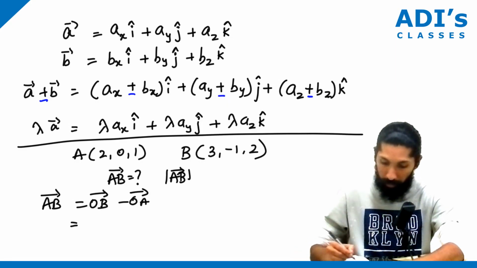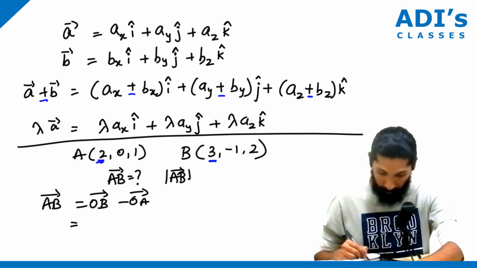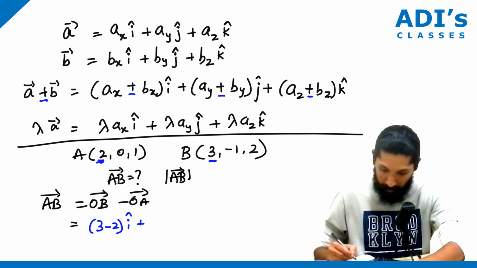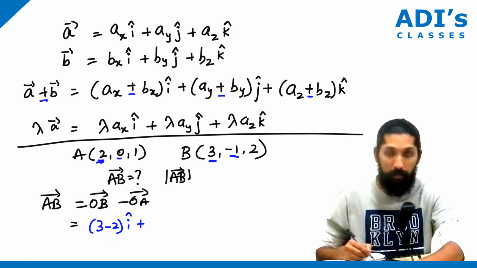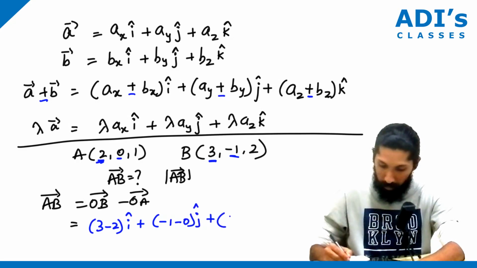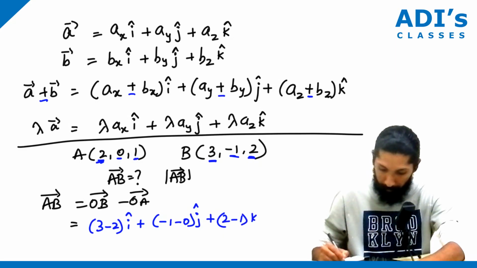So what is OB minus OA? Now we are going to take the x component, subtract: 3 minus 2 into i cap, plus minus 1 minus 0 into j cap, plus 2 minus 1 into k cap.